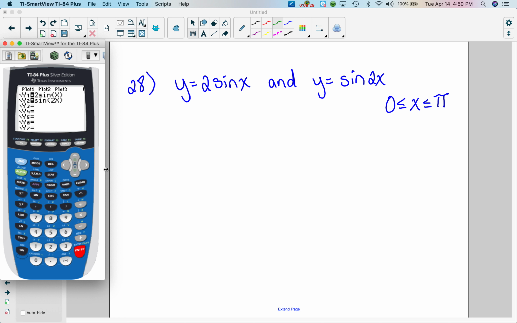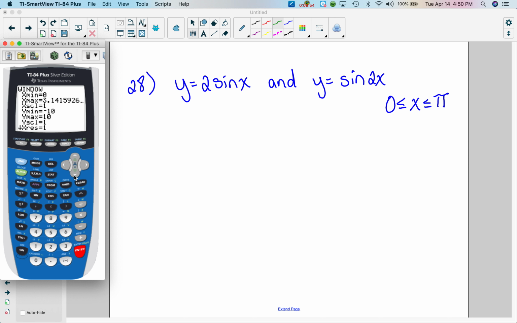Okay, so there are my two functions. Before I graph this, I want to go to the window, and I want to put in for x 0, and the max is pi. Because I know that sine x is between negative 1 and 1, that means 2 sine x has to be between negative 2 and 2, and sine 2x is going to be between negative 1 and 1.